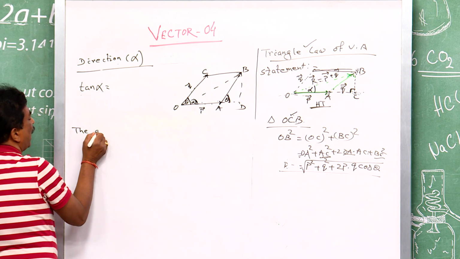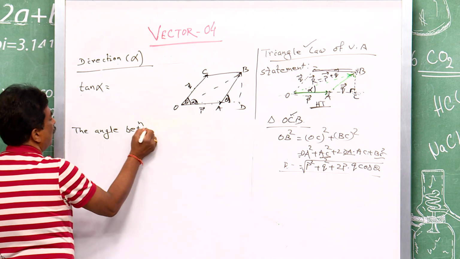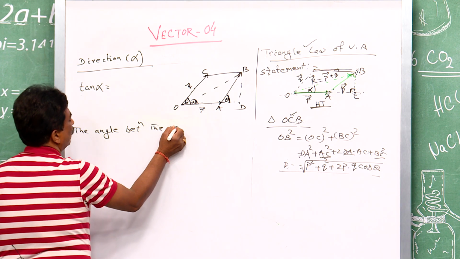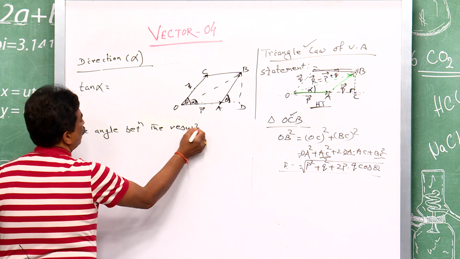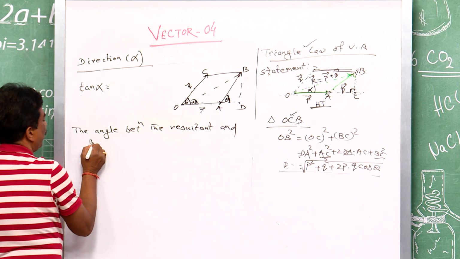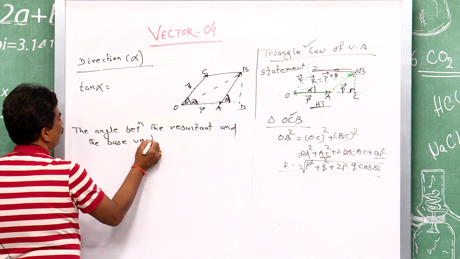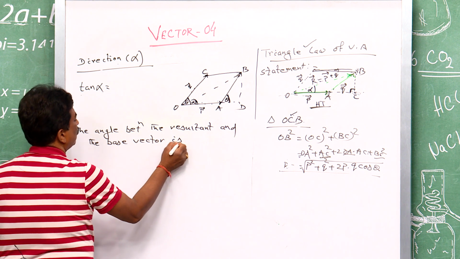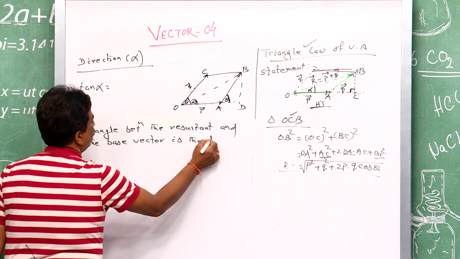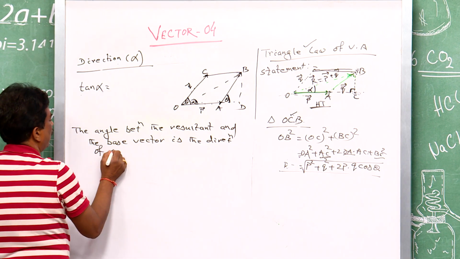The angle between the resultant and the base vector is the direction of the resultant.